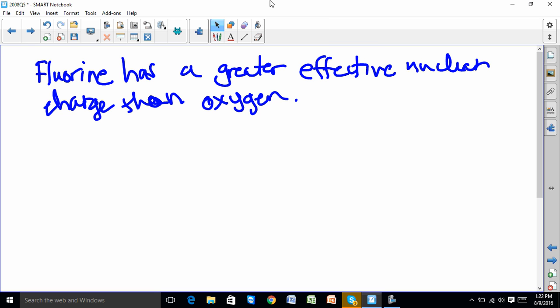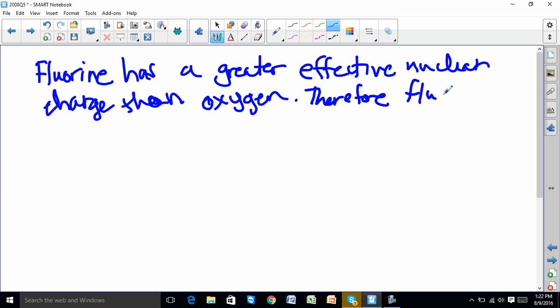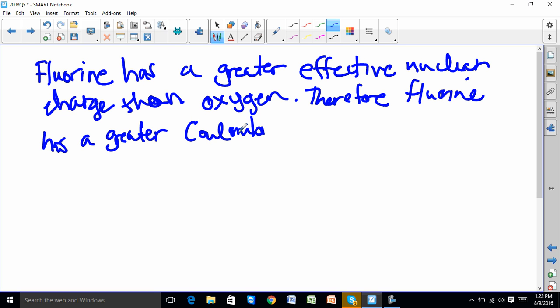Okay, and then you'd say something like therefore, hence, I don't care, your favorite linking word. Therefore, fluorine has a stronger Coulombic attraction, they love Coulomb's law. Sorry, I probably should spell Coulombic right.